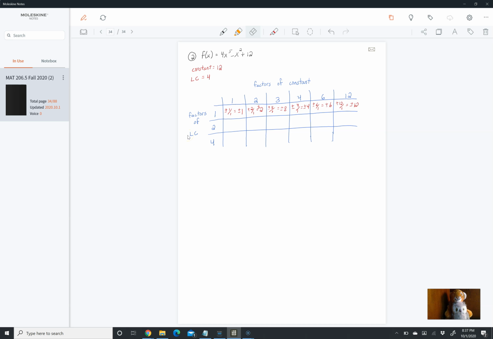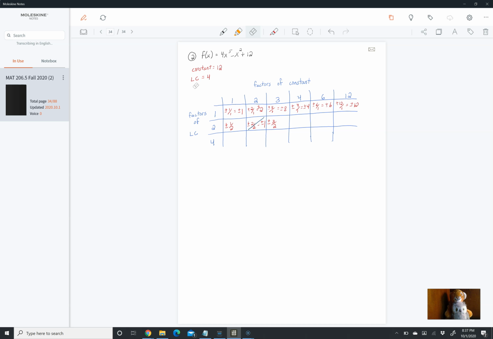The next one is plus or minus 1/2. That doesn't simplify, so we leave it. Then we have plus or minus 2 over 2. Now this is plus or minus 1. We already have this, so we're going to cross it out. There's no reason to repeat it. Okay, then we have plus or minus 3 over 2.